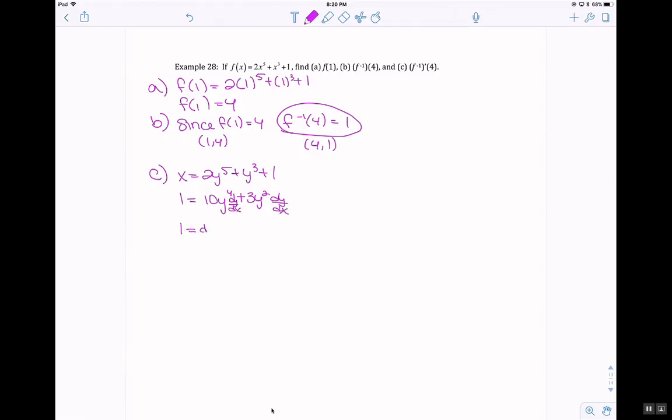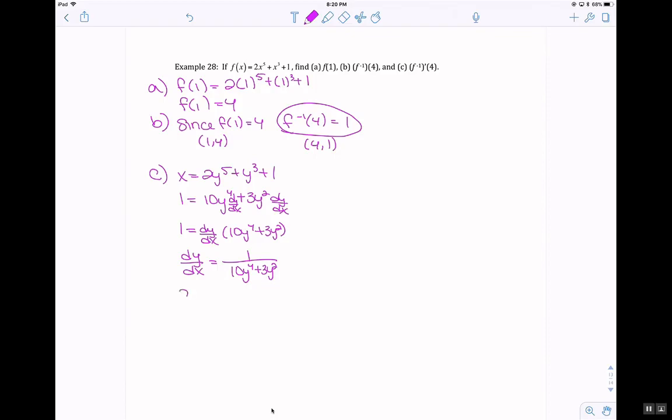Isolate dy dx. So 10y to the 4th plus 3y squared. Divide both sides by that parentheses, so dy dx is 1 divided by 10y to the 4th plus 3y squared.